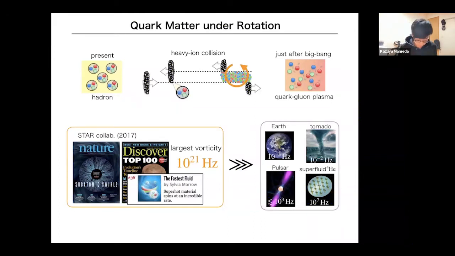And this achievement was reported in Nature, with this large vorticity on the cover.